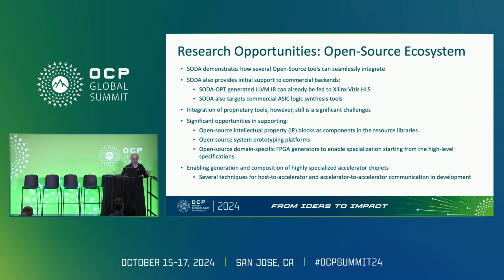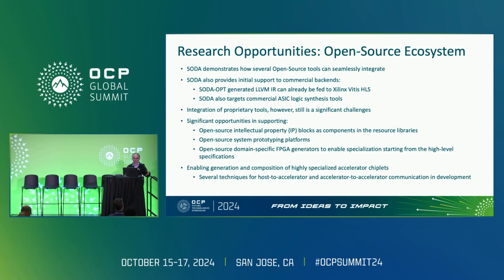There are significant opportunities in supporting open source intellectual properties as resource libraries for these tools. There is integration with the prototyping platforms. There are several of them. Mosaic from Berkeley, for example. There's ESP, as I was showing. And this is all a great opportunity to integrate together fast prototyping systems.